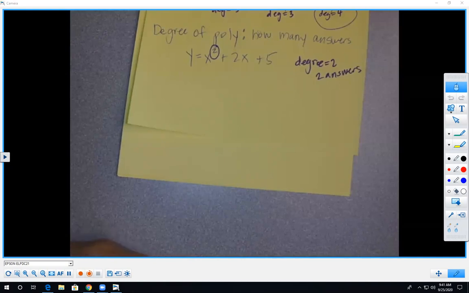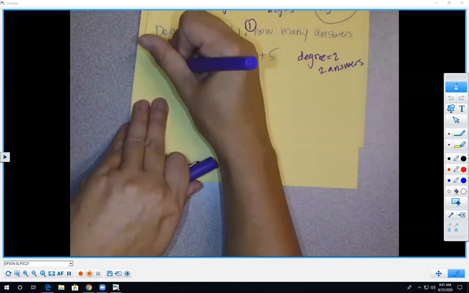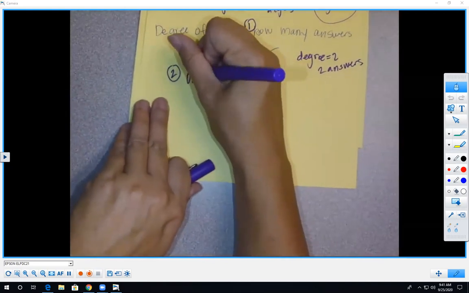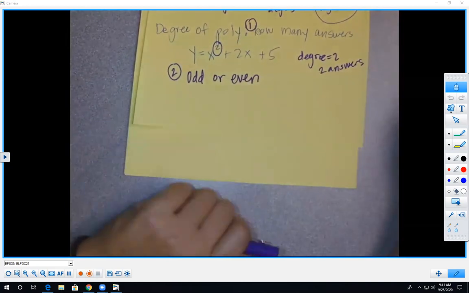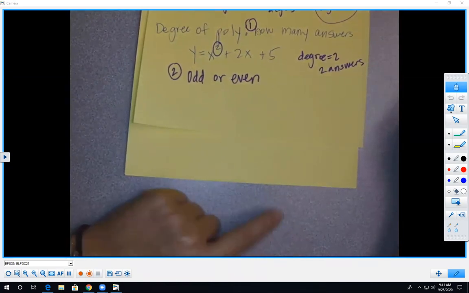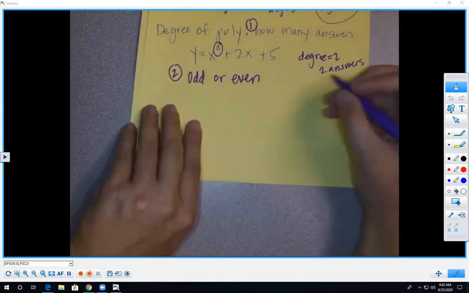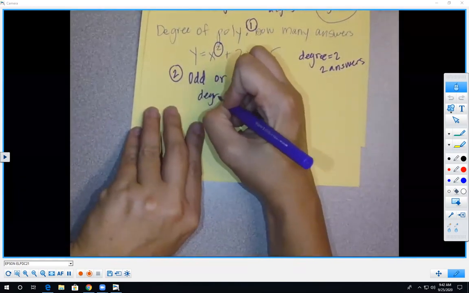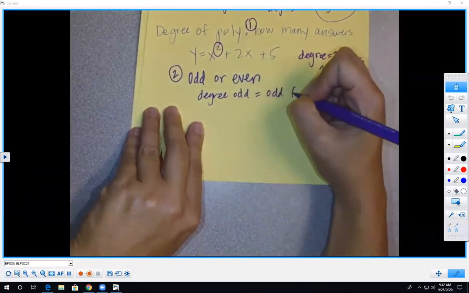So I said it told you 3 things. One thing it tells you is how many answers we have. The second thing it tells us is if our function is an odd function or if it's an even function. If my degree is odd, my function is odd. If my degree is even, my function is even. Okay? So if your degree is odd, it's an odd function.